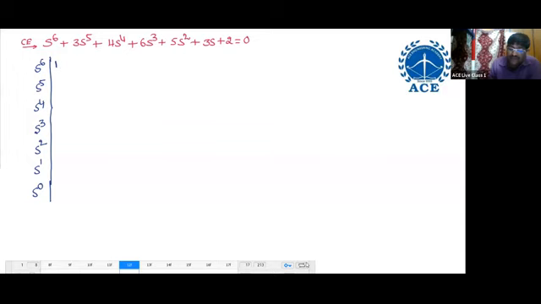Four poles on j omega which are repeated, two times a row of zeros. Right. First row: 1, alternate term 4, alternate term 5, alternate term 2. So 1, 4, 5, 2.